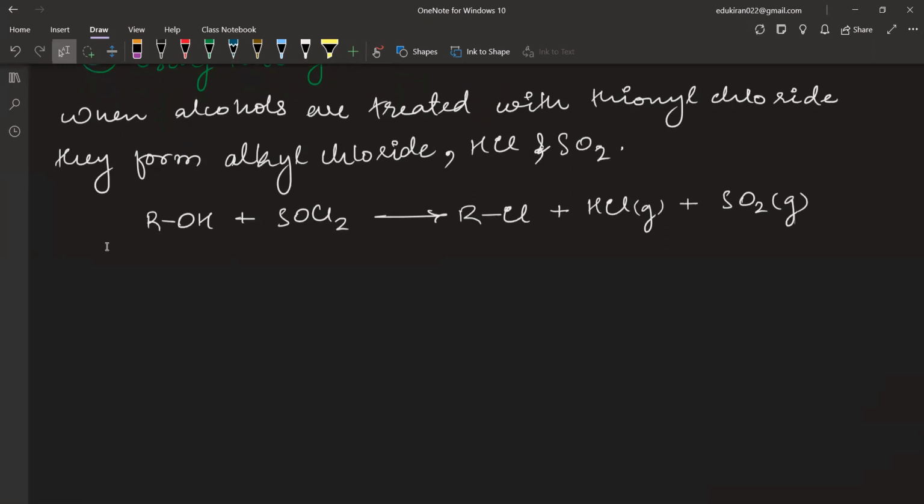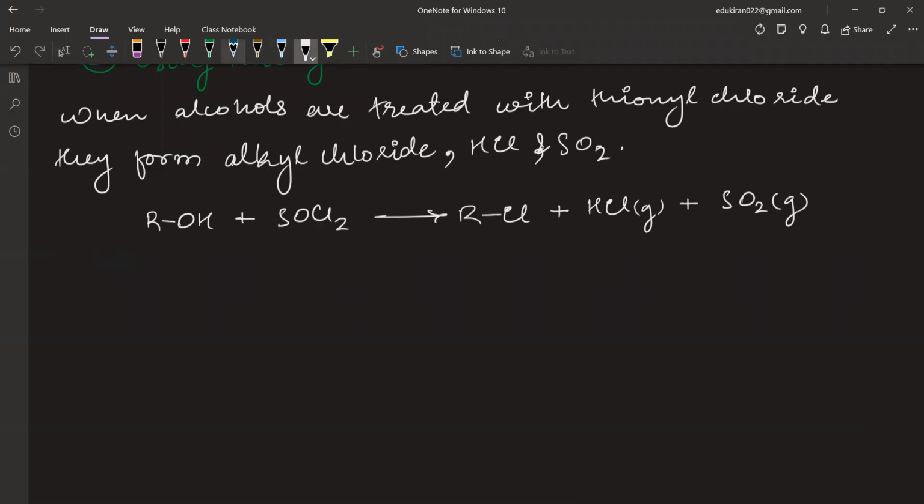Because these byproducts are gases, and RCl is going to be a white precipitate. So if you add alcohol and SOCl2, at the end you will just get some white precipitate in the container or the beaker, and you will not get any impurity. You will not have either HCl or SO2. That means you don't have to separate the alkyl halide.